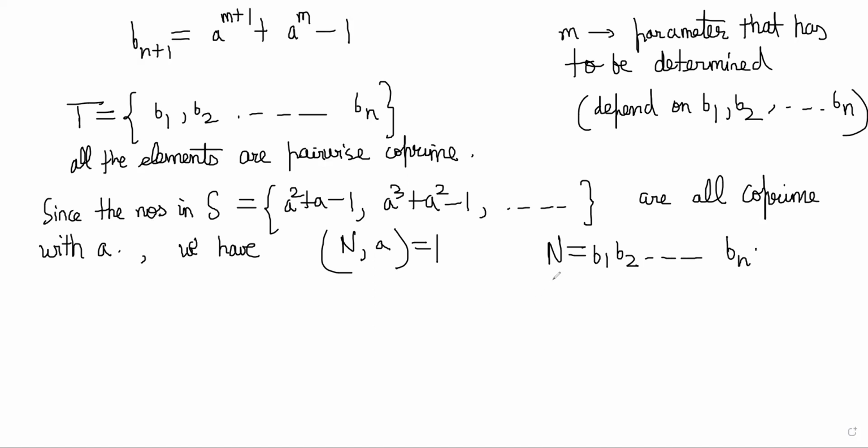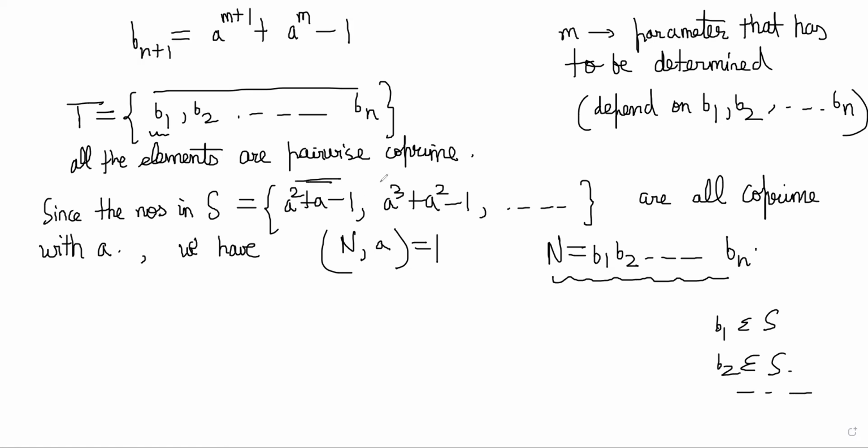Right? So we are saying that capital N is the product of the elements of this, and each of the numbers, correct. So each of these B1, B2 and all, they are B1 belongs to S, B2 belongs to S, and so on.